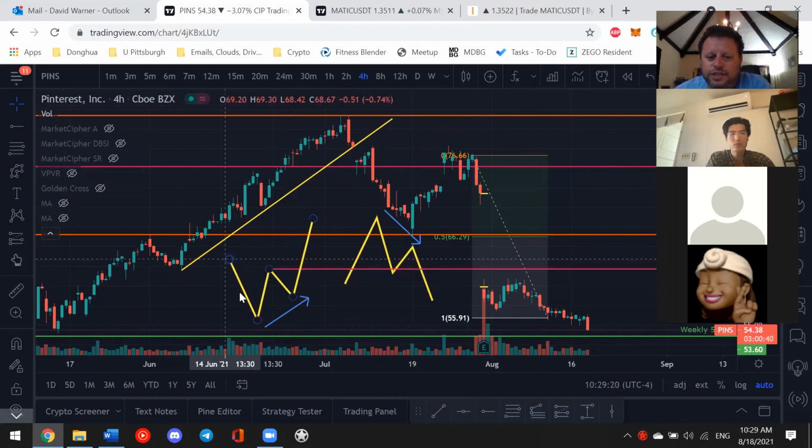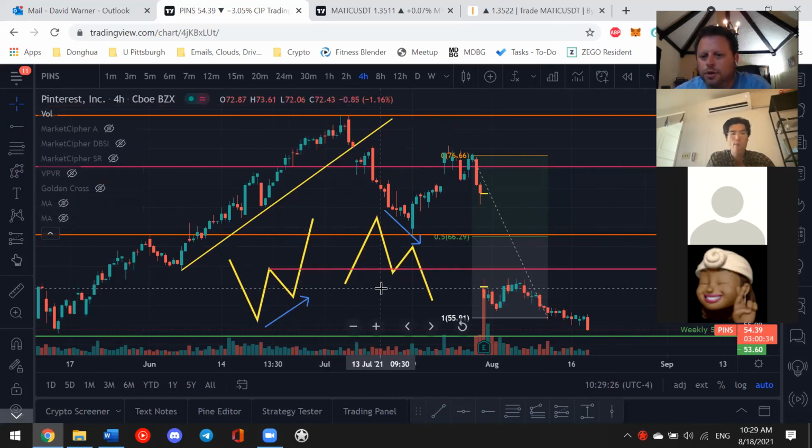Sometimes the price goes down, the price goes up, the price goes down, and then the price just moves around here. That's not a good W. It needs to cross this middle line, this C, the tip of the W or the tip of the M. It needs to go down below.